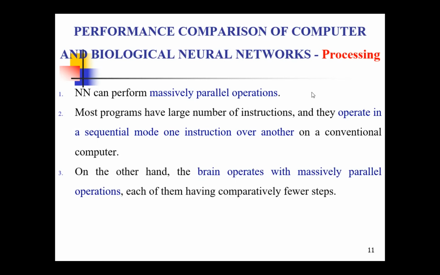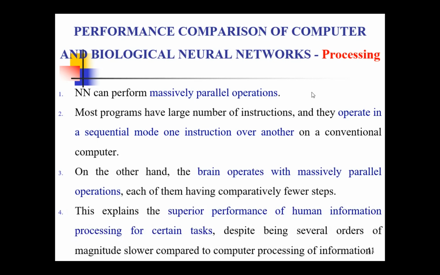But the brain operates with massively parallel operations. The brain performs multitasking. More than one task it carries out with fewer steps. So the processing of the brain's neural networks is higher than that of artificial neural networks. Because of this massive multitasking, the superior performance of human information processing for certain tasks is higher.